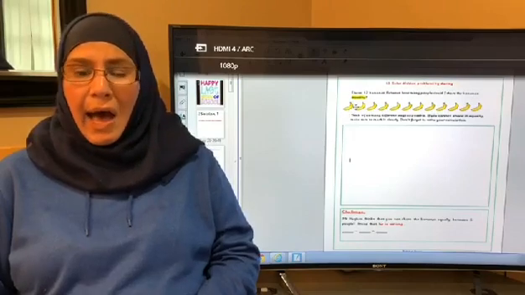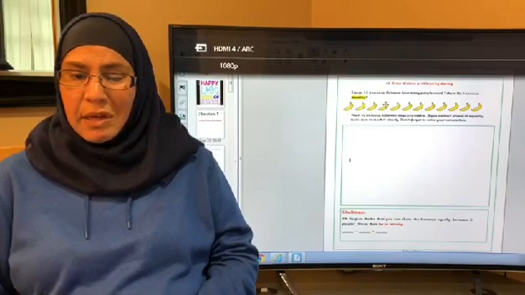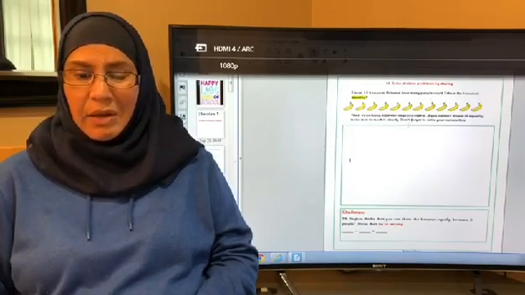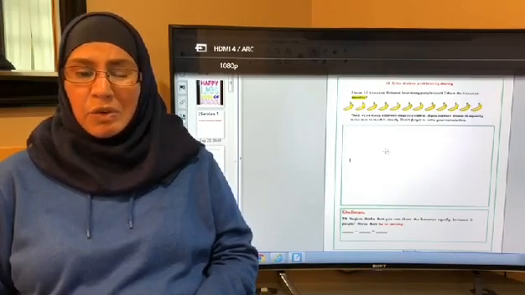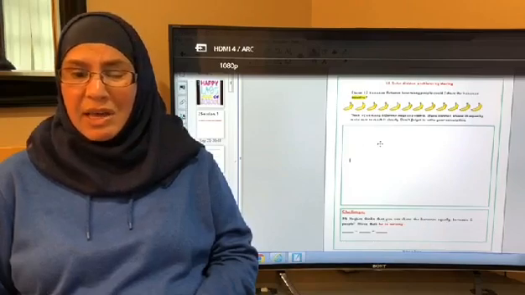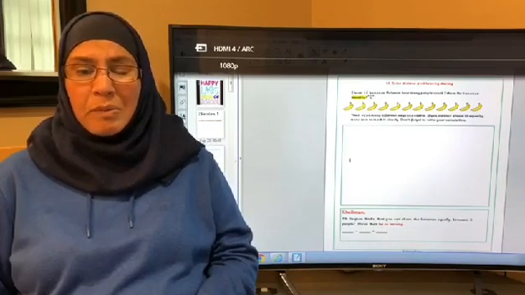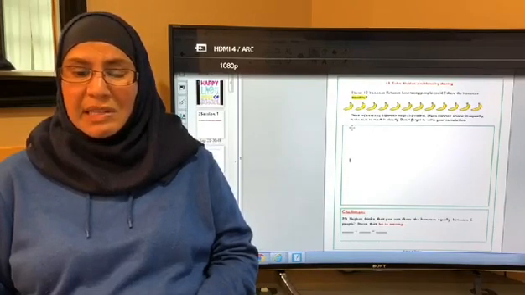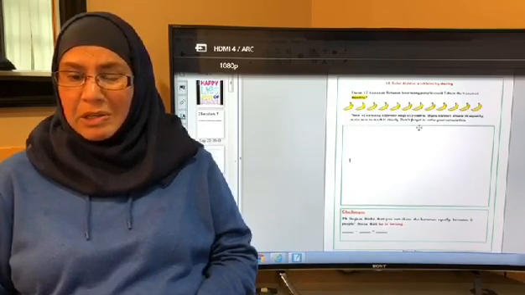And it says, I have 12 bananas. Between how many people could I share the bananas equally? So this is a chance for you to do lots of different calculations and see which numbers 12 is equally divided by. And it says think of as many different ways as possible.